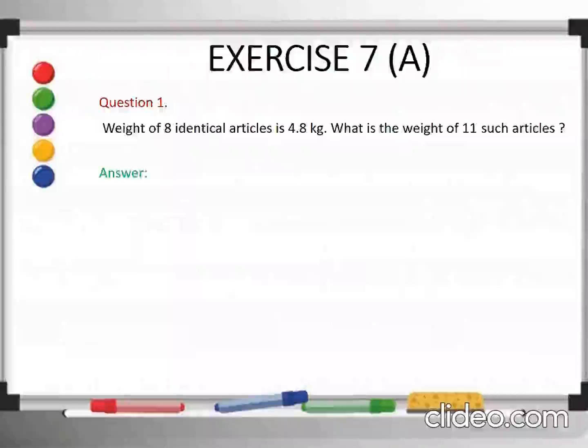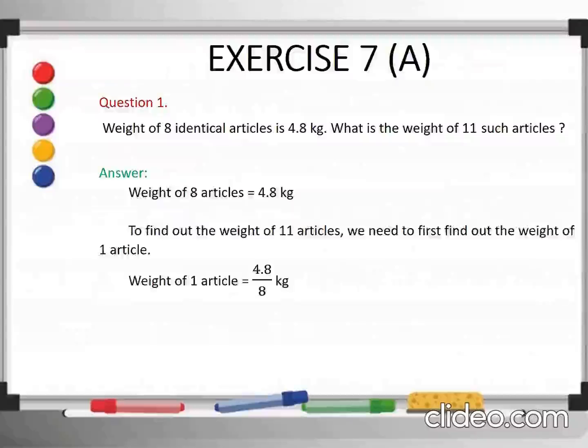What is given here? Weight of 8 articles, that is 4.8 kg. To find out the weight of 11 articles, we need to first find out the weight of one article. Here the weight of one article is 4.8 upon 8 kg.